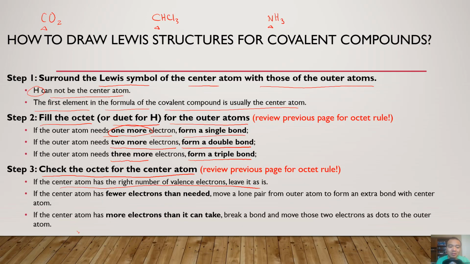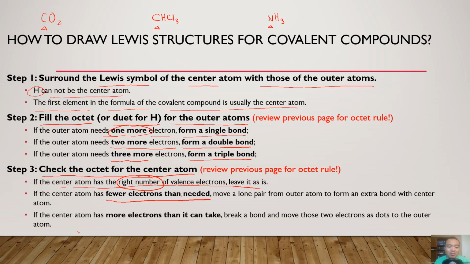So let's go back to step 3. The right number is not necessarily 8. For beryllium, it's 4. For boron and aluminum, 6 is fine, but 8 is also okay, etc. If the center atom has fewer electrons than needed, then what you need to do is to move the lone pair from the outer atom to form an extra bond with the center atom.